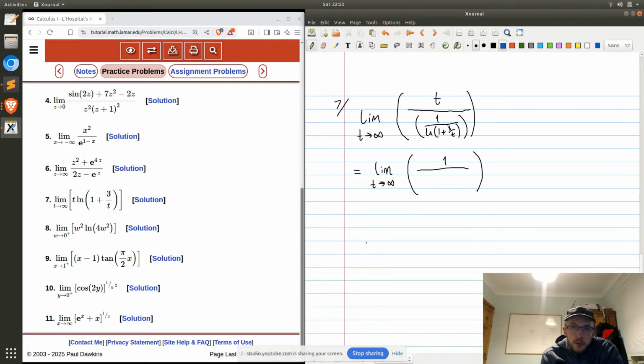What happens when you differentiate this, though? f prime g minus f g prime all over g squared. So f prime g minus f g prime.